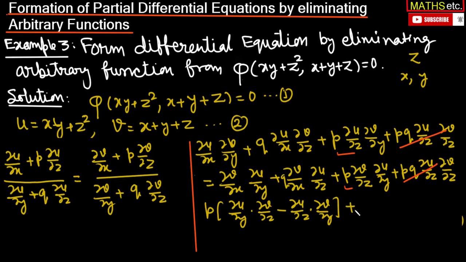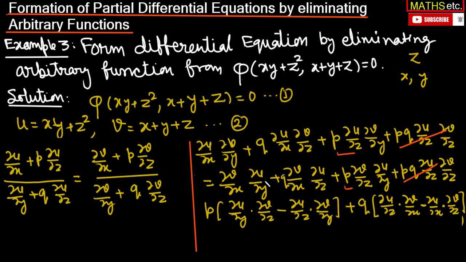This is plus q. Now in this term, we have del u over del z multiplied by del v over del x, minus this q term, del u over del x multiplied by del v over del z.